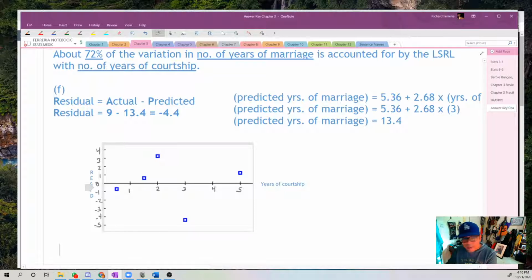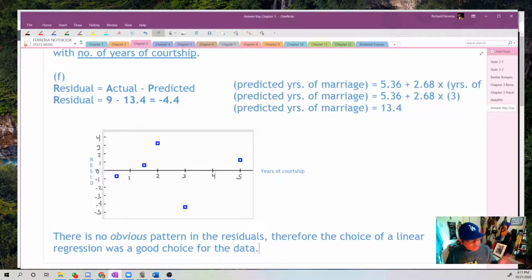So there is no pattern in the residuals. Maybe I should say obvious pattern in the residuals. So that means that there is no obvious pattern in the residuals, therefore the choice of a linear regression was a good choice for the data, or maybe we should say a good fit for the data.